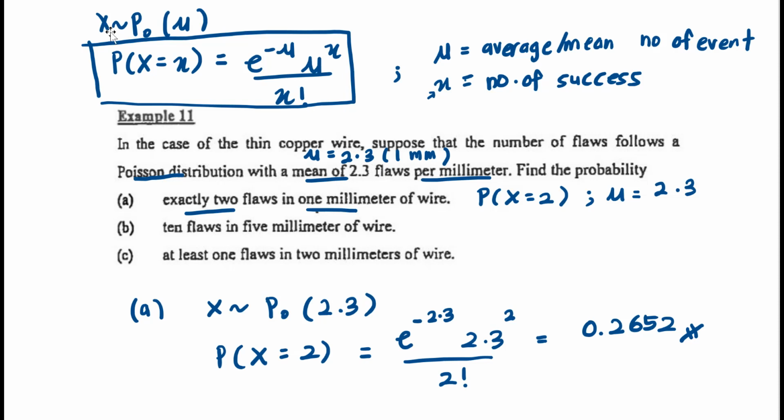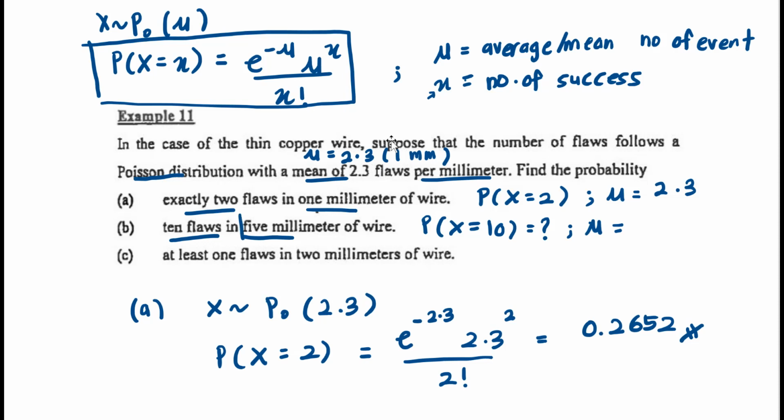Now we go to question B, 10 flaws in 5 millimeters of wire. Now we have 10 flaws, so the question asks you to find when x is equal to 10. Now how about the mean? It is given as 2.3 flaws per millimeter.